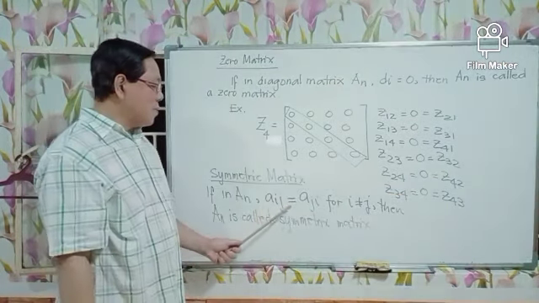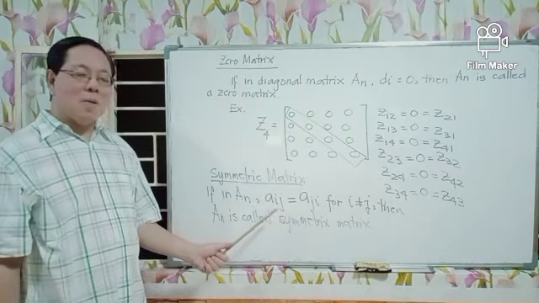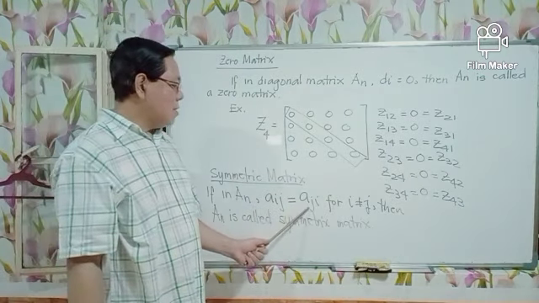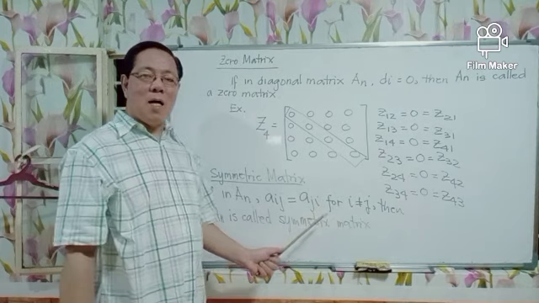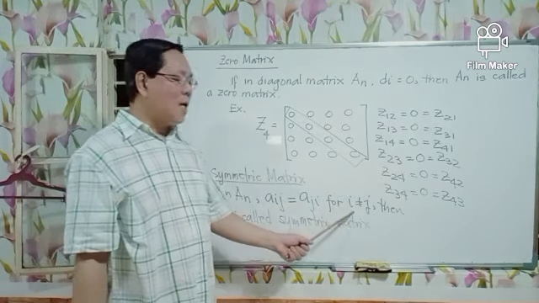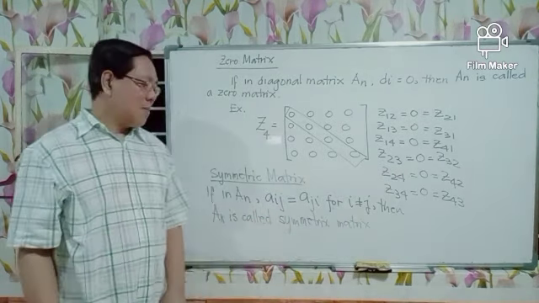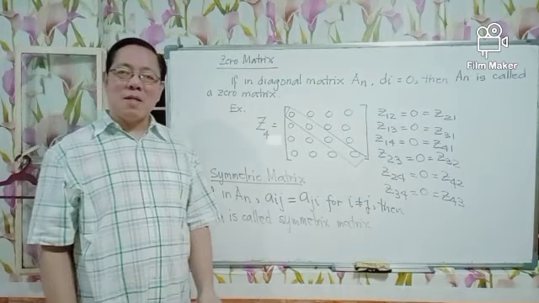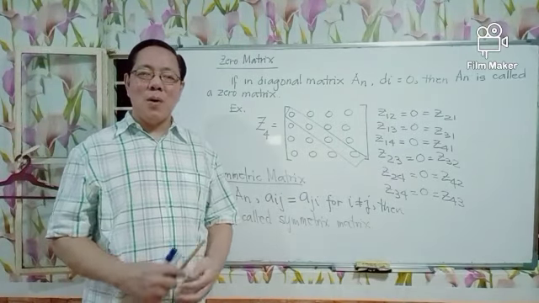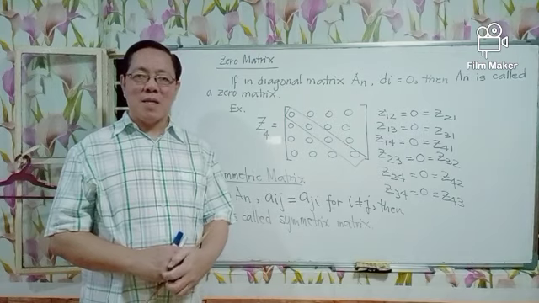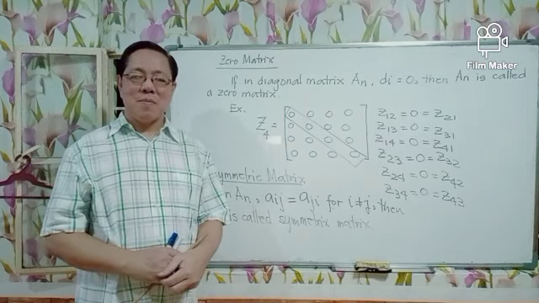And this must be true for all entries: A sub ij and A sub ji must be equal for i not equal to j. The identity matrix is another example of a symmetric matrix.